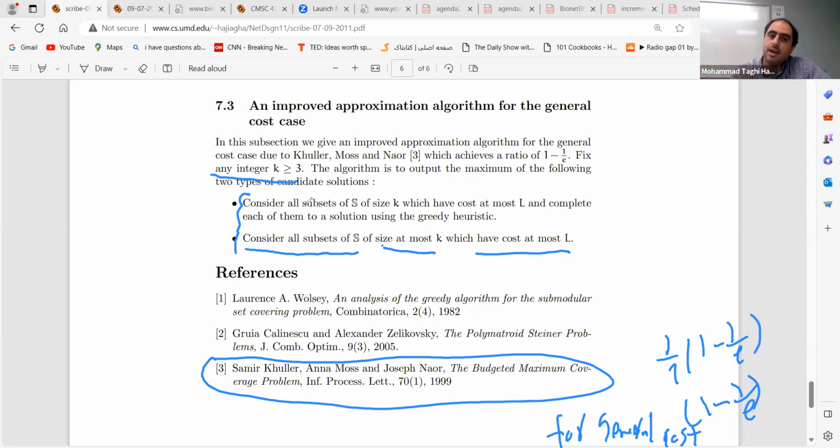The other one is that consider all subsets S of size k which have cost at most L, and then complete each of them to a solution using the greedy heuristic. In some sense, I think this form is somehow more general than the previous one, so you can actually keep just this one.